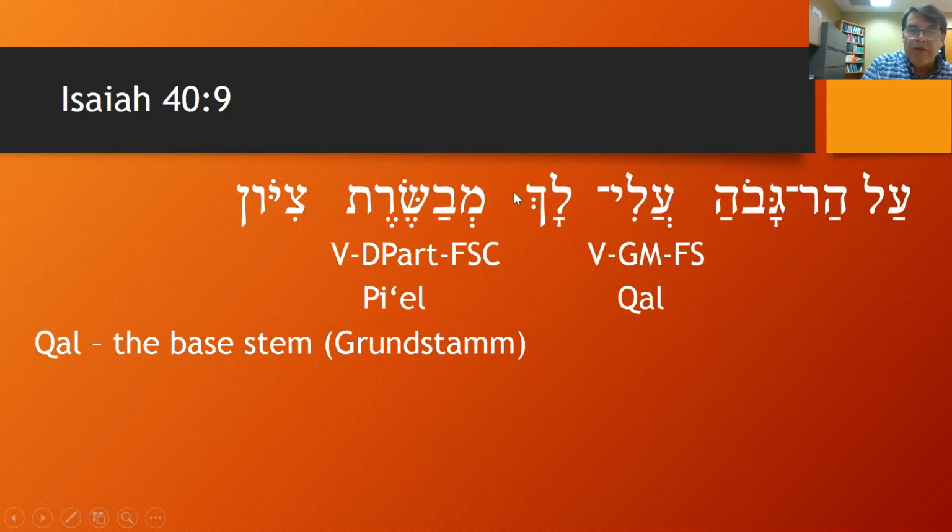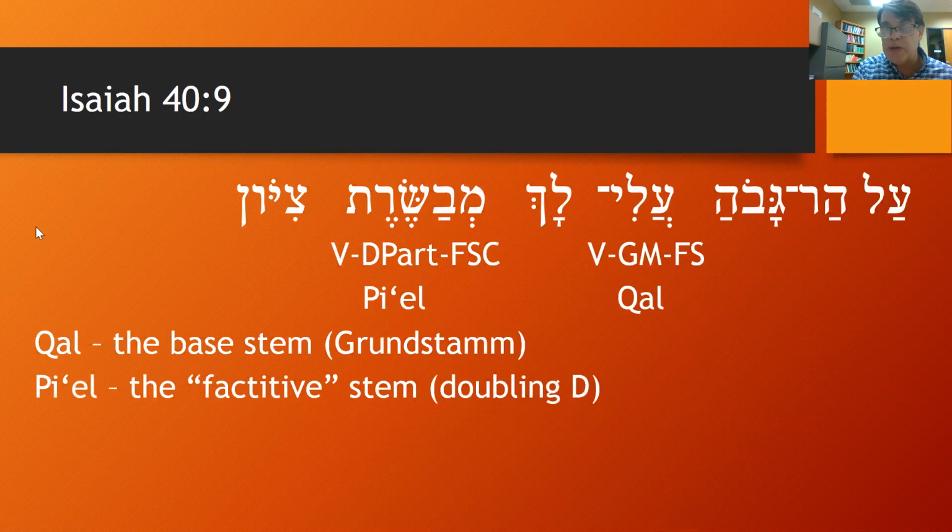Okay, so now this here is a participle. I decided, okay, I'll go ahead and spell out participle. This is a different stem. It's a D stem, which D is for doubling. But you old school people out there might know that this is the Piel. They used to call it the Piel stem, which is the factitive stem. What does that mean?